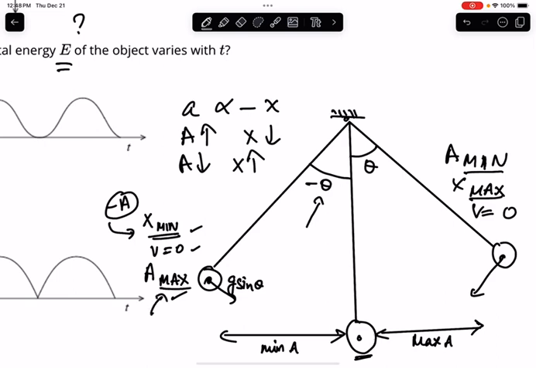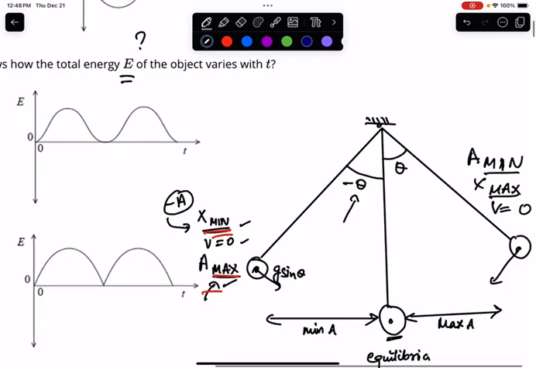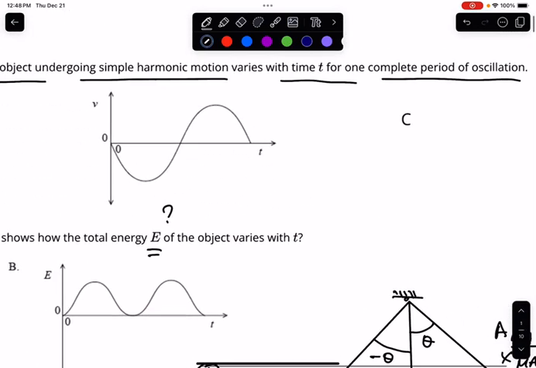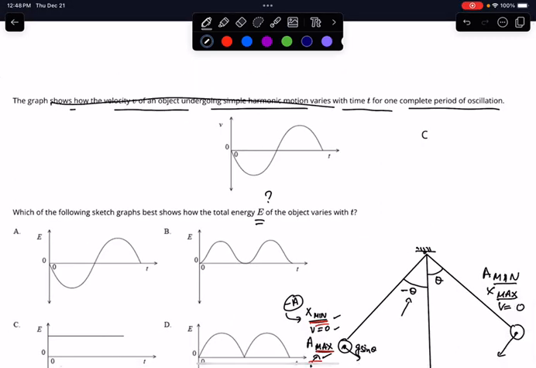If acceleration is maximum over here, then displacement is minimum, okay? So you get this sort of inverse relationship. Okay. So with all of those things listed down, we can sort of visualize how to do these questions.